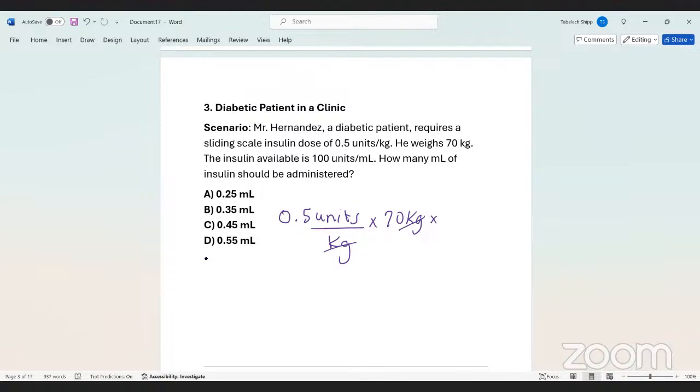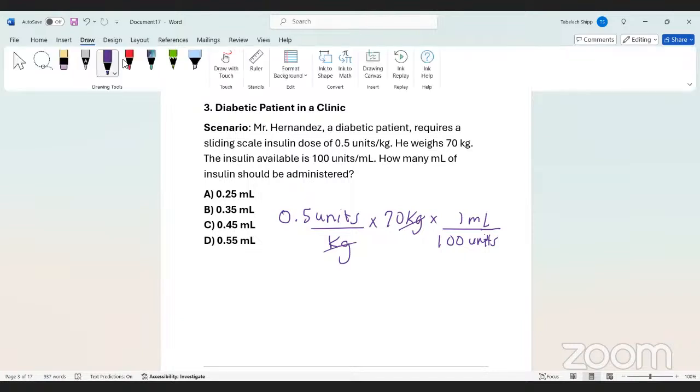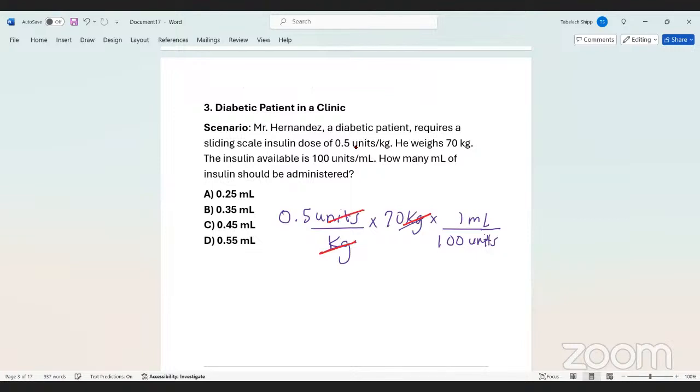Remember, the unit that you want to get rid of, you put on the bottom. With this conversion factor, you put the 100 units on the bottom and the 1 milliliter on the very top, so kilograms, kilograms, units, units get canceled out.